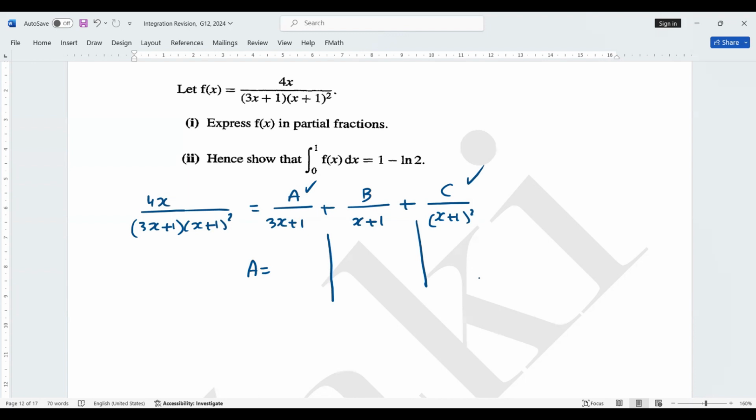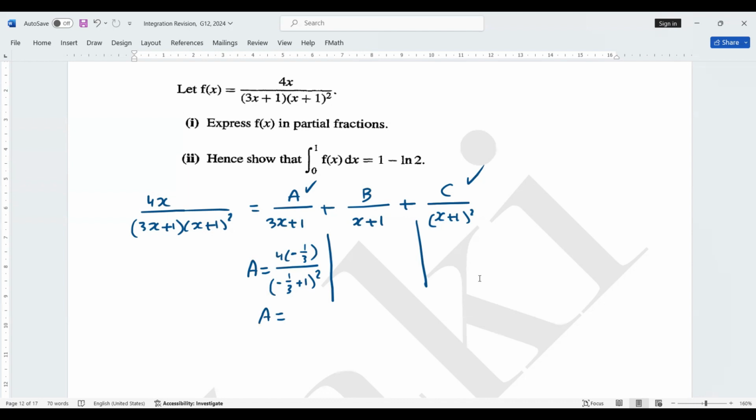Replace x by negative 1/3, but cover the bracket of 3x plus 1. So 4 bracket negative 1/3 over negative 1/3 plus 1 squared. We use the calculator to get the answer.